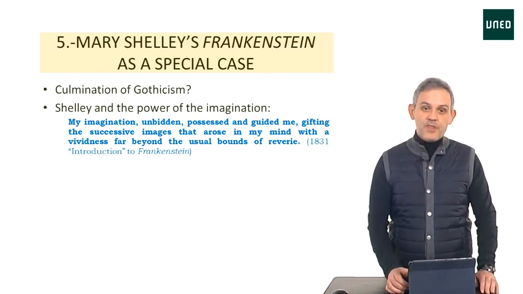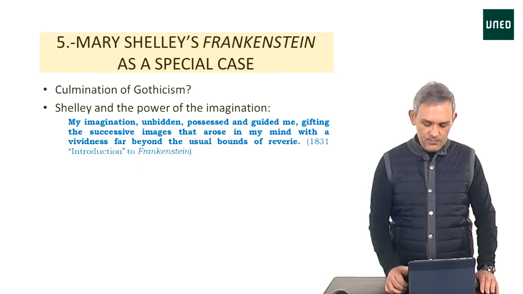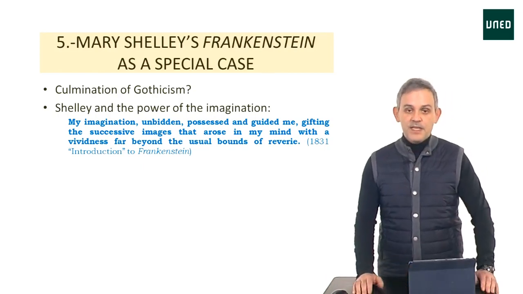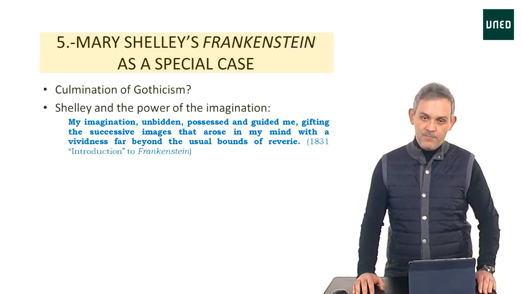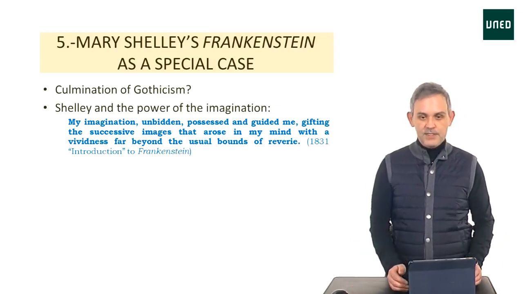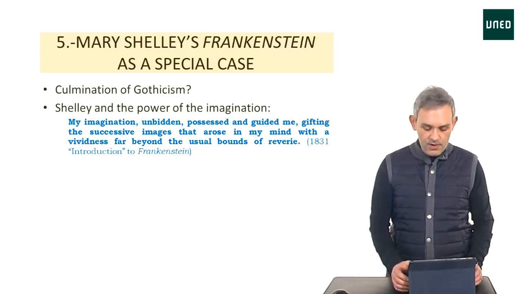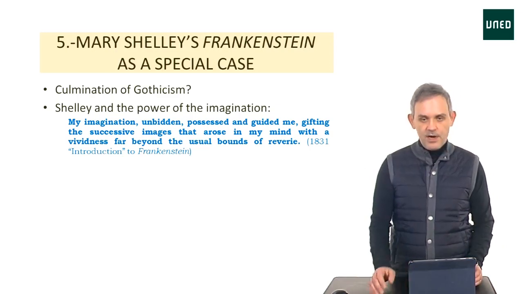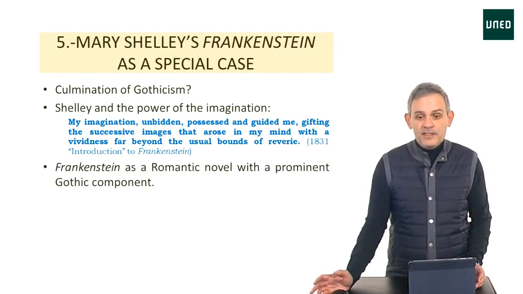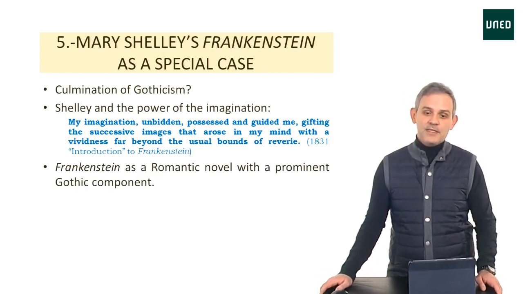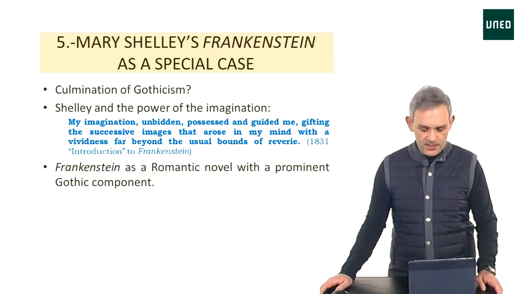As we have seen, imagination is essential for Gothic writers, but in this respect it overlaps clearly with Romanticism, and therefore it makes more sense perhaps to consider Frankenstein as a romantic novel with a prominent Gothic component.